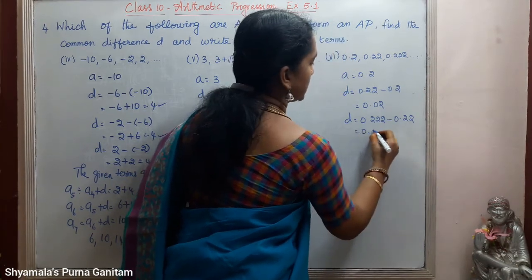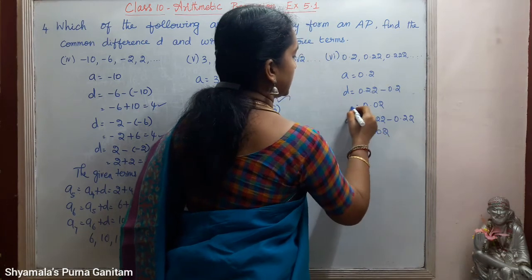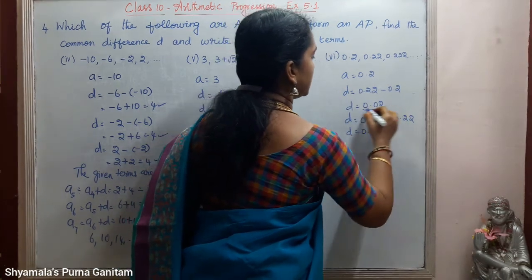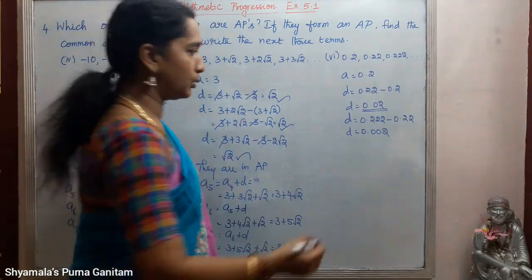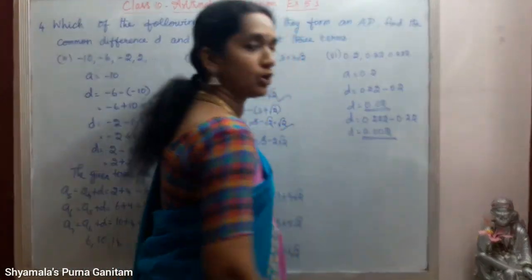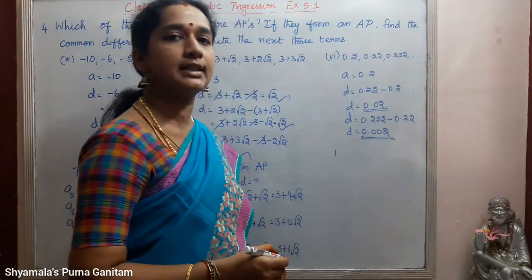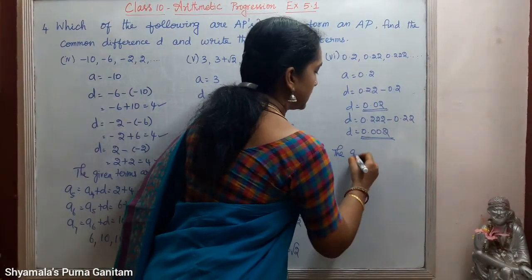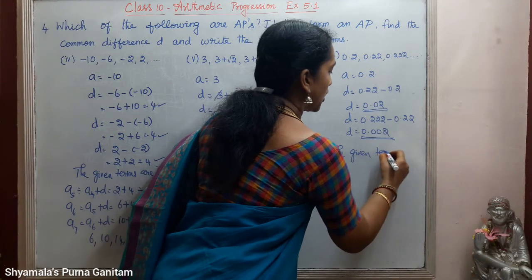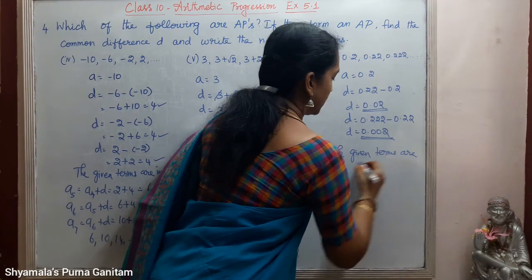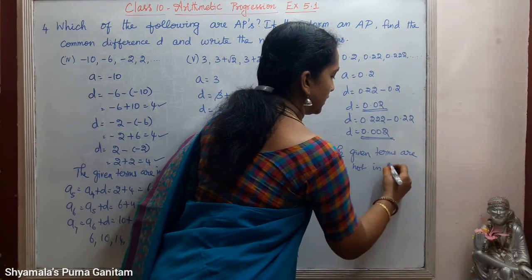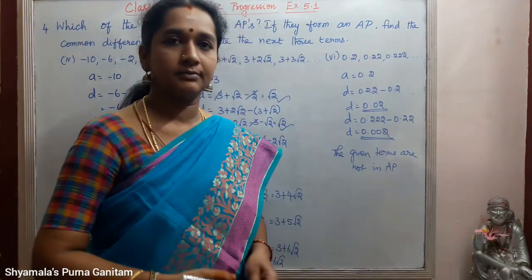So this is equal to 0.002. So when we check the differences, this is 0.02 and this one is 0.002. So they are not in AP. Since the differences are not the same, the given terms are not in AP.